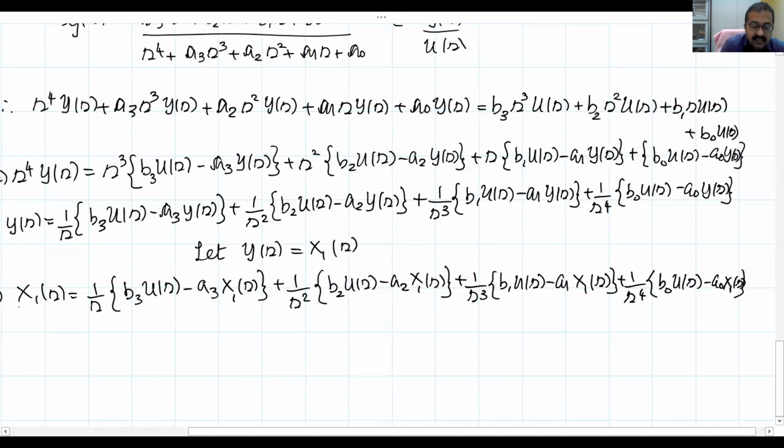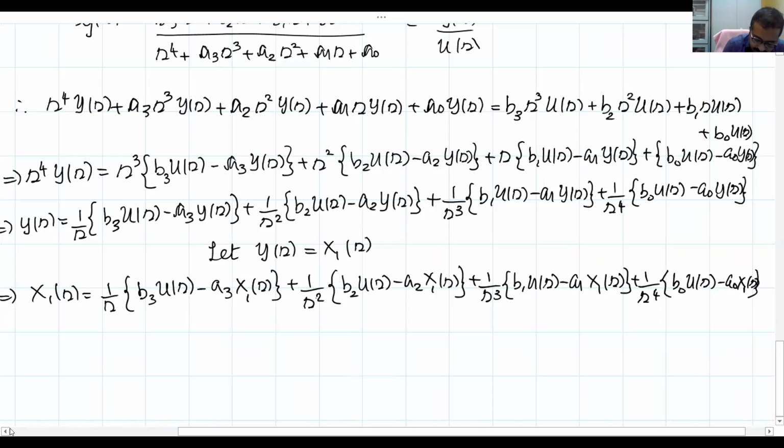Okay, so now let me multiply throughout with s. You will get s x1 of s. The s and the numerator s get cancelled, so here it becomes 1 by s, here it becomes 1 by s square, and here it becomes 1 by s cube. Therefore s x1 of s will be equal to b3 u of s minus a3 x1 of s plus all other remaining terms, which I call x2 of s.